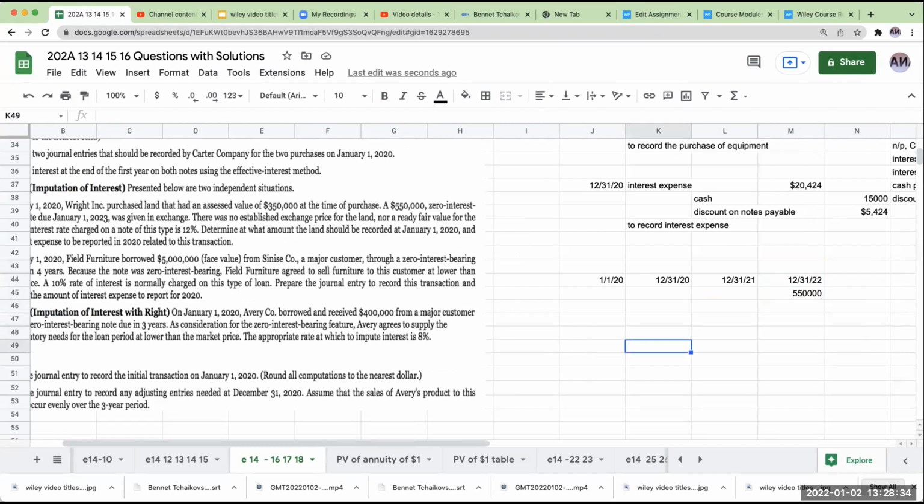Okay, so right over here, the note, or excuse me, we've got 550,000, which is the note. We've got the present value of $1. This is going to be 3 periods at 12%.